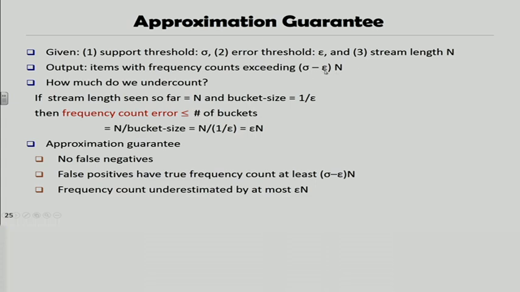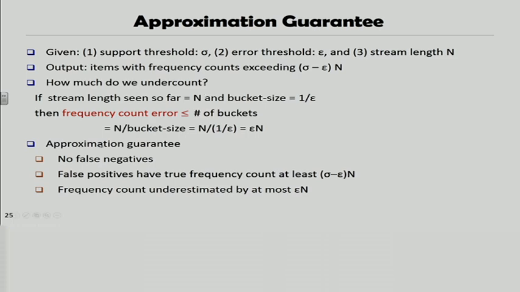And this epsilon usually is very small, like 1 over 1,000 or 1 over 1,000,000, depending on the size of your main memory. So even if you have limited memory and an almost unlimited data stream coming, he gets all the frequent counts.